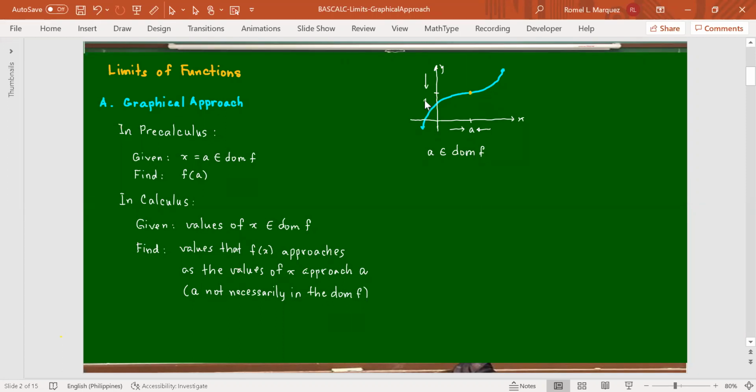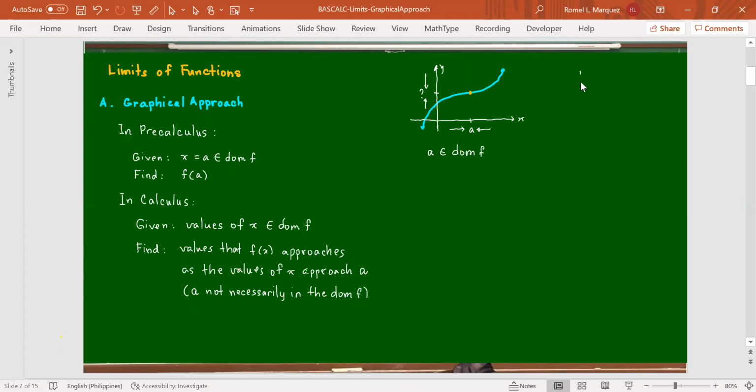So this is where we are interested. What is this value approached by f of x? As we travel along the curve going to this point, either from the left or from the right.